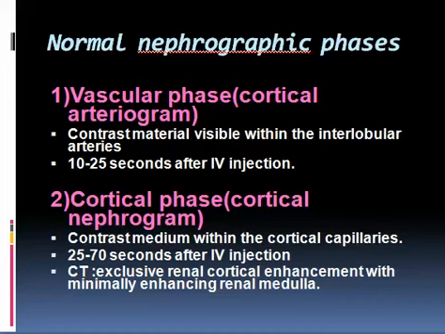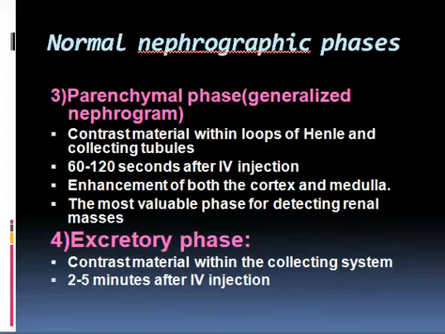You will find the kidney converted into a nephrogram, all of it, except for the medial aspect of the renal medulla. So we have the vascular phase, which is a cortical arteriogram. You may be able to see the vessels. Then the cortical phase, which is considered the nephrogram. And then the parenchymal phase.